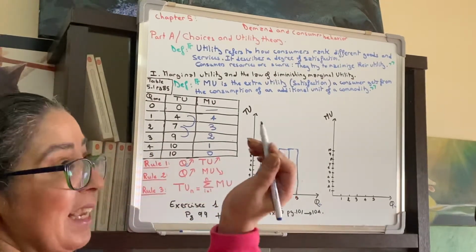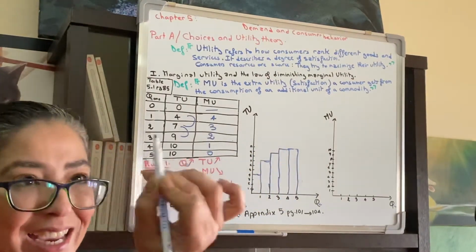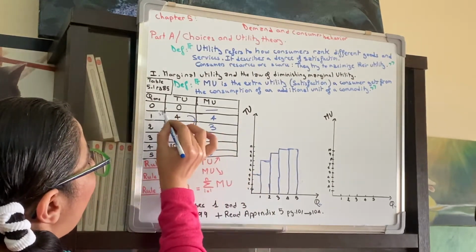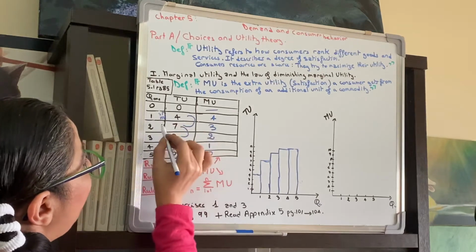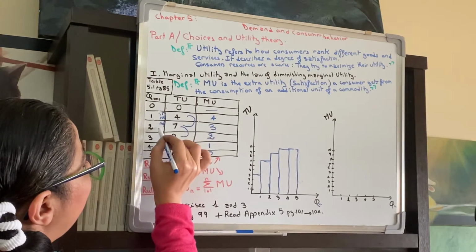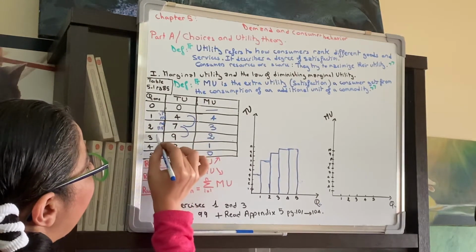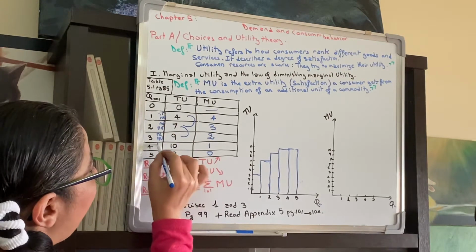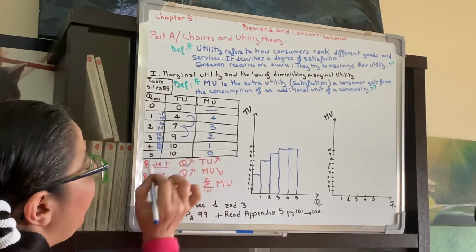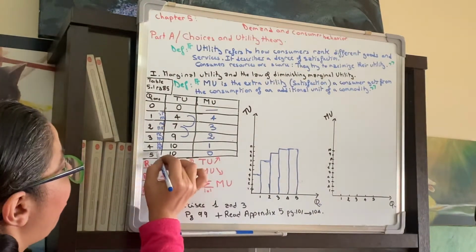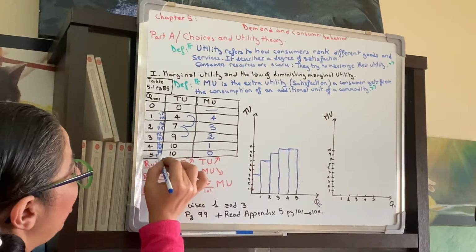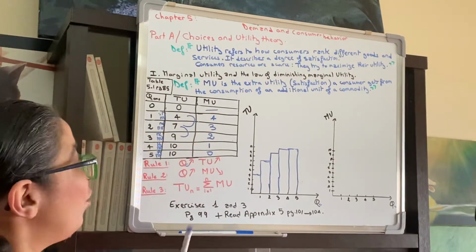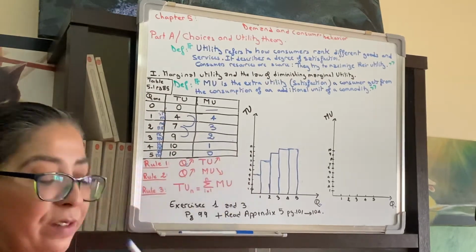So in blue, I'm going to tell you how to read this. That's first for marginal utility, that's second, that's third, that's fourth, and that's fifth for marginal utility. You got the idea? Okay, so each one of them is for 1 unit.